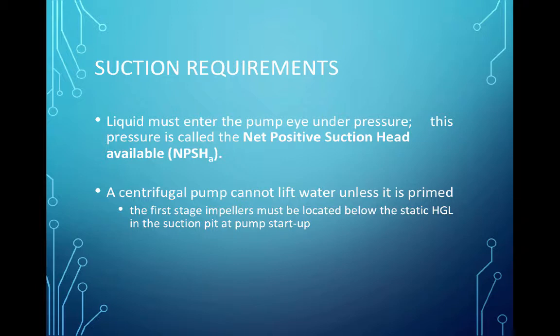But with water, which has a lower viscosity than the dishwasher liquid, and an authentic metal-on-metal pump, it's unlikely that they will self-prime. And instead, the first stage impellers have to be located below the static hydraulic grade line in the suction pump at startup. Once the pump is started and running, then the water can be lifted up to almost 30 feet.